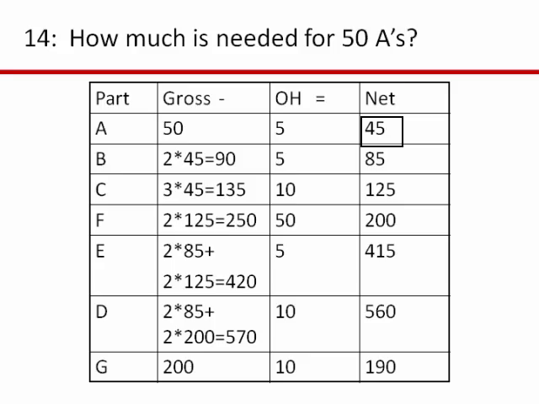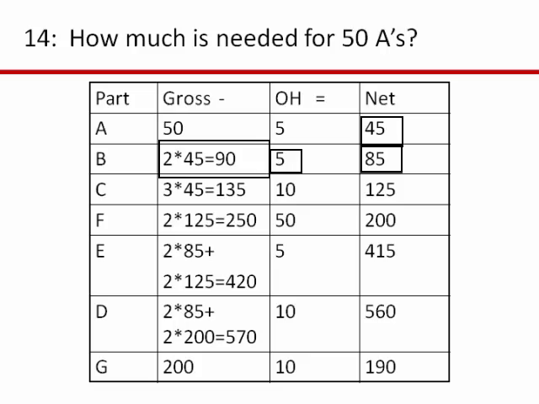So if we go back, we know we need 2 B's per A. If we only need 45 net, then the gross B's we need are 2 times 45, which is 90 B's. We have 5 on hand, so we need a net of 85 B's. This is just doing level 1.